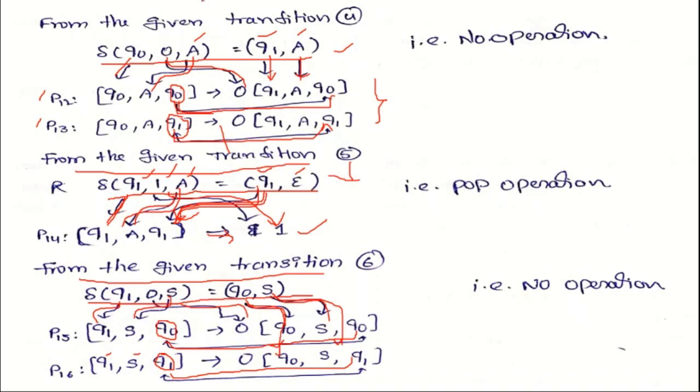In case there are 2 states, then 2 production rules; in case of 3 states, 3 production rules. For the pop operation, only one production rule is produced. For the push operation, it depends on the number of states. In case there are 2 states, then 4 production rules, and for 3 states, 9 production rules. So it is n power n: for 2 states, 2 power 2, for 3 states, 3 power 3. In this manner, the number of production rules produced from PDA to CFG can be determined.